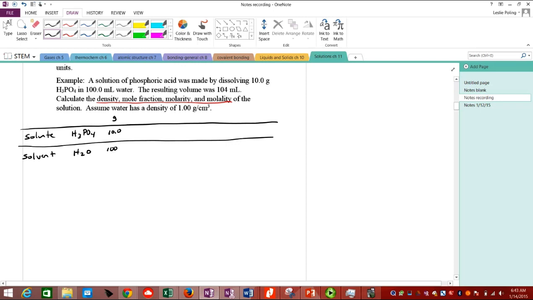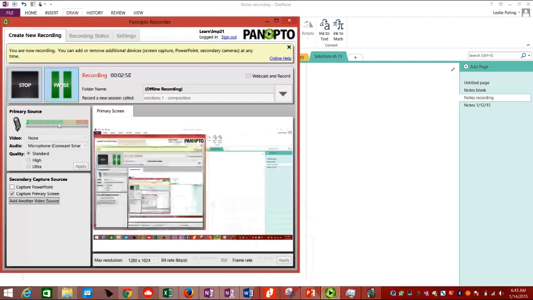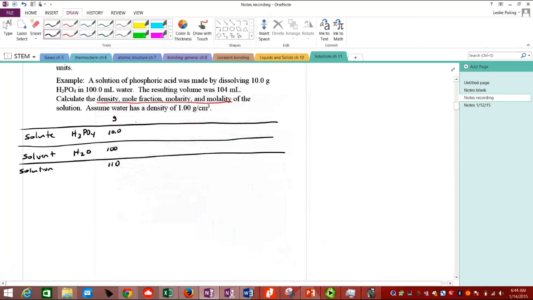We know that there's 100 grams of water because there's 1.00 gram per milliliter for water. And so we know that the whole solution will have a mass of 110.